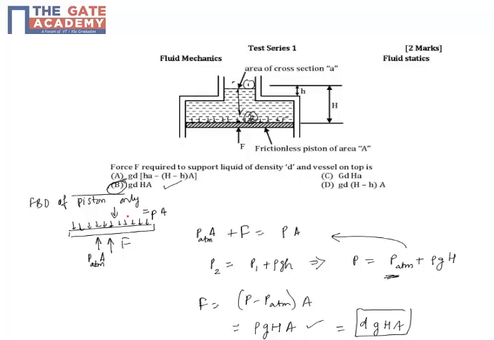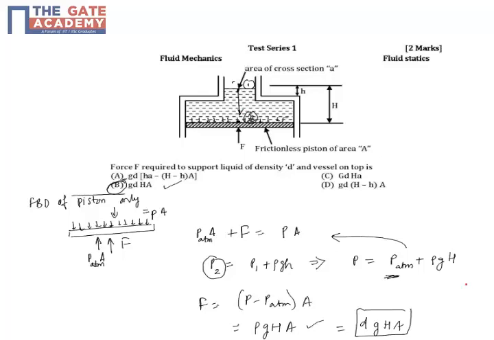So it is sufficient if I calculate this P, which is nothing but P2, and how I have calculated P2 is that because it is a static mass of fluid, if I take any point at the topmost point, from that point the pressure increases vertically downwards by rho G H in a stationary mass of fluid, irrespective of the size of the vessel. This is a very important fact.